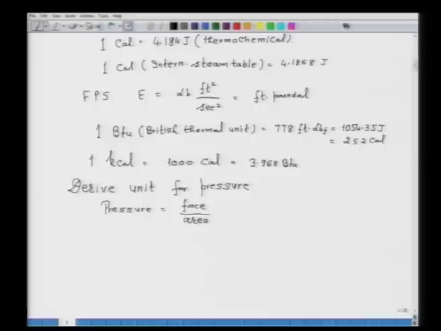So, now we can obtain the unit. Force is kilogram meter upon second square, and area is in meter square. So, that becomes Newton per meter square in SI unit.